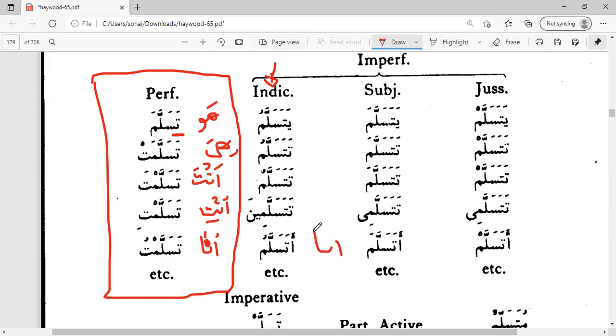So ana atasallamu. Everything remains the same. The only thing that's going to change is you're going to add the lamat al-mudari, the sign of mudari, and obviously the last letter will take dhamma. Atasallamu, ana atasallamu, anta tatasallamu. Remember, there's two ta's now, because one is the additional ta, the second one is the sign of mudari.